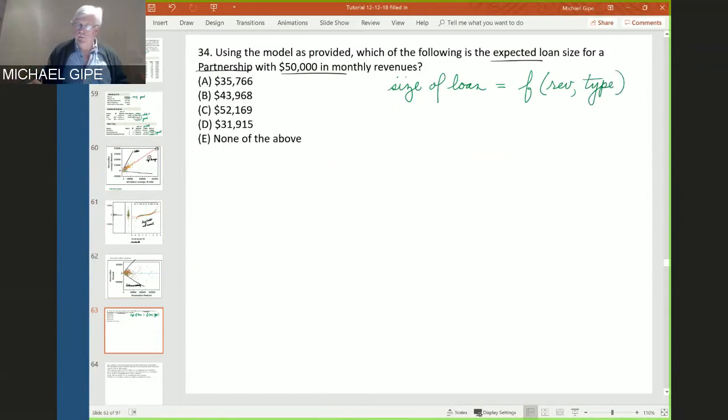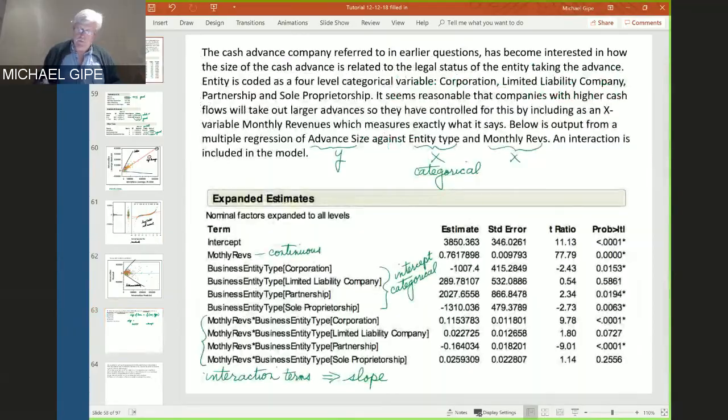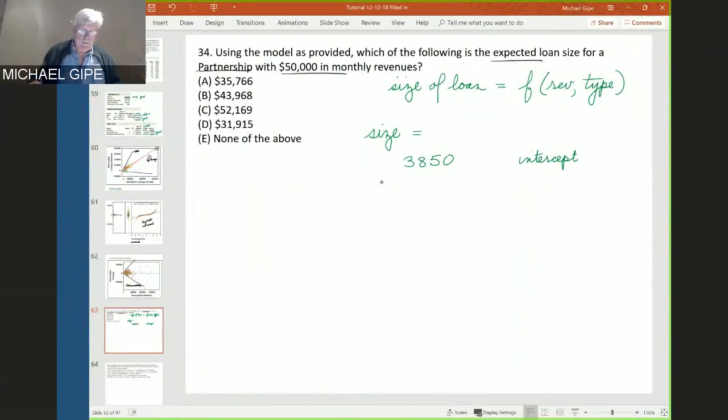Okay, so we can actually plug the numbers into the model, and we have the intercept 3850. Again, I'm going back to the table of estimates here, and I can add to that the revenues, the coefficient of 0.76 times 50,000.